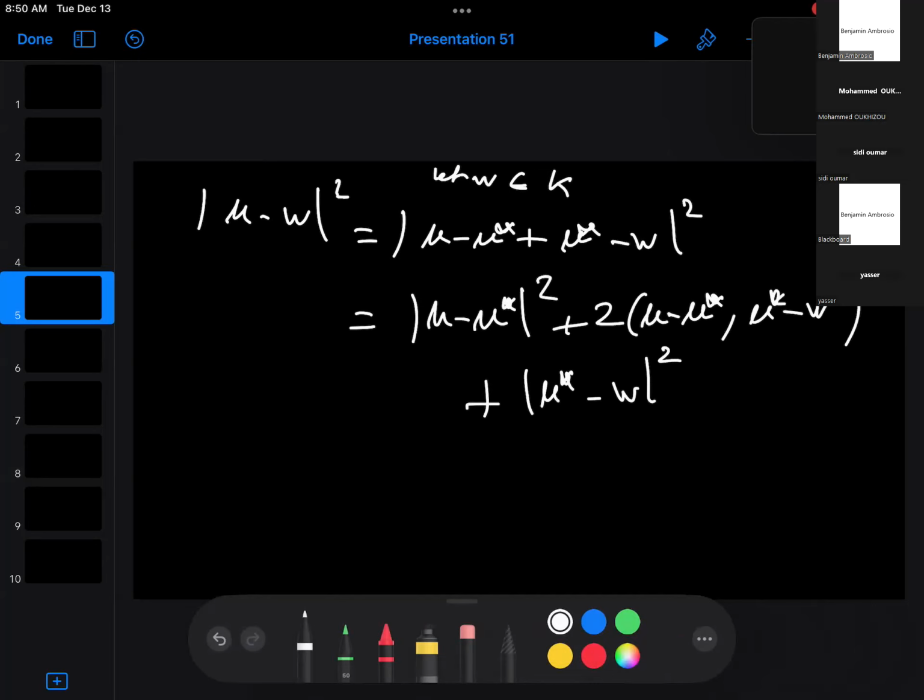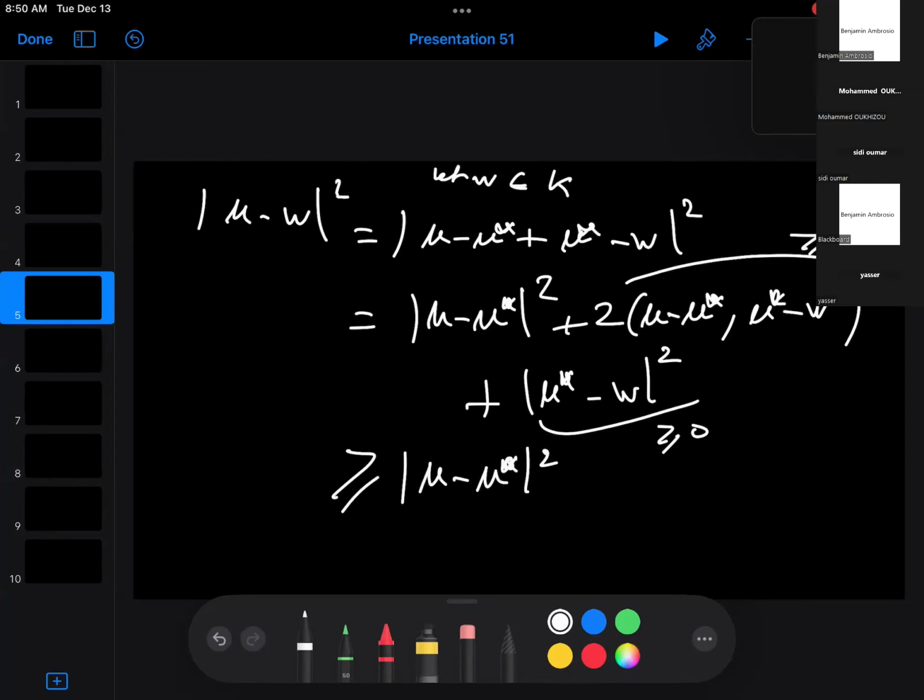But here, sorry, this is non-negative. This is non-negative, so this is larger than the norm of U minus U star squared. And so that's it.